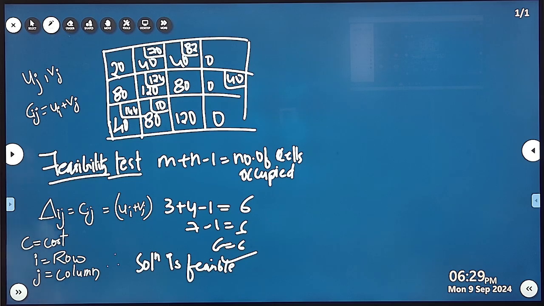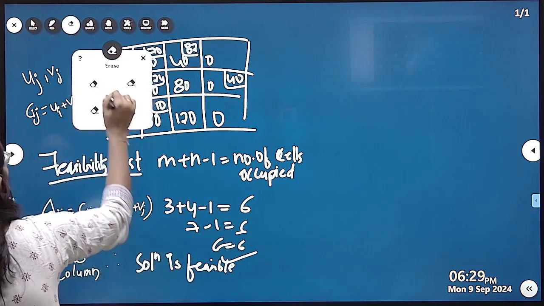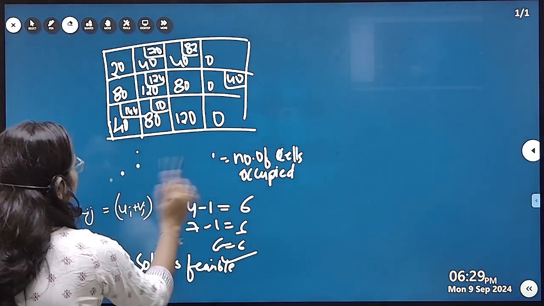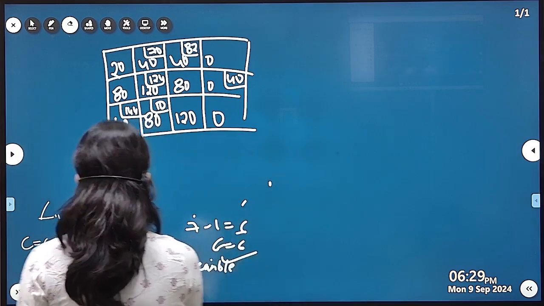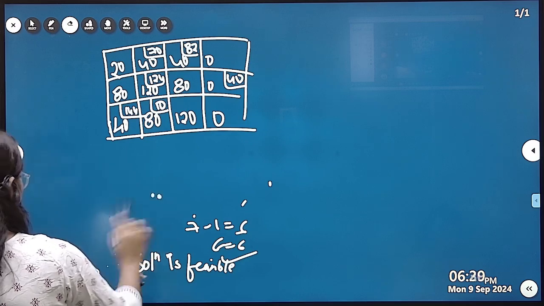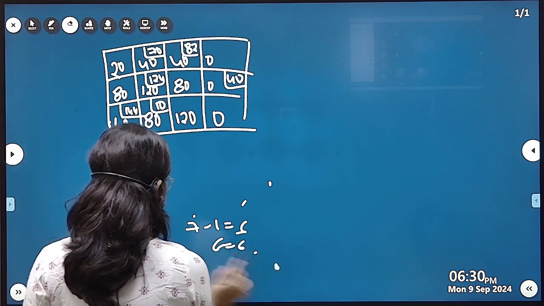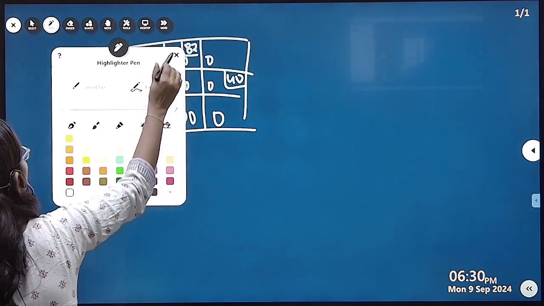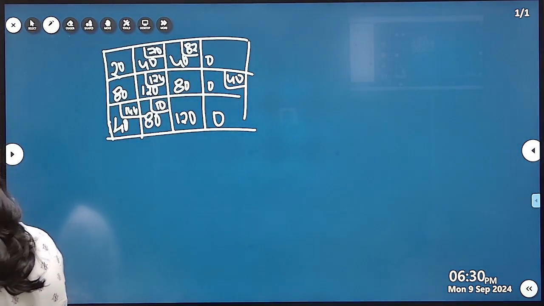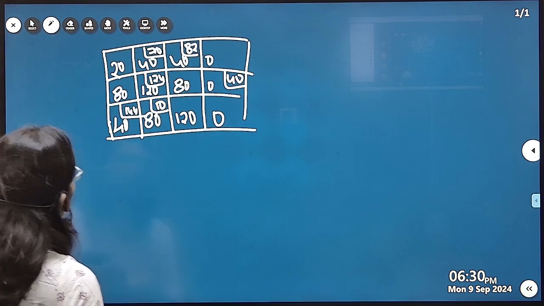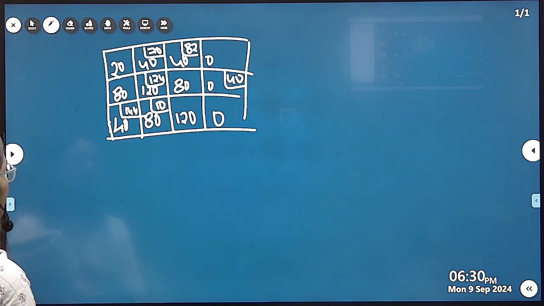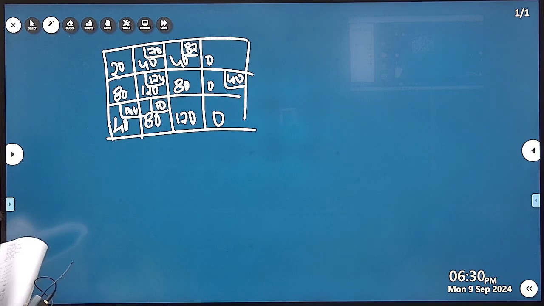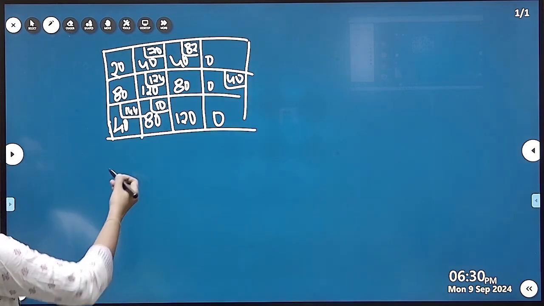Finished. Can I erase this part? So now we'll do the optimality test. We need to find the optimality solution for all the allocated and unallocated cells. He has given a formula. While doing the optimality test, we need to choose any row or column and make it 0.